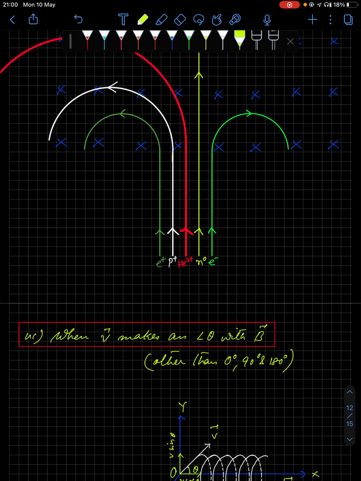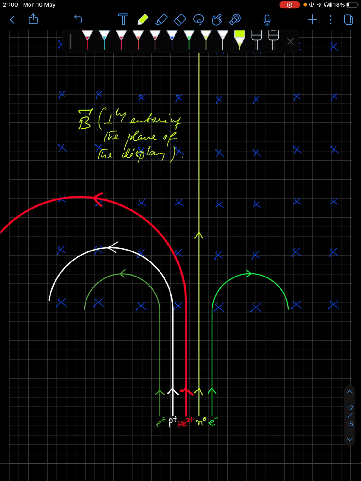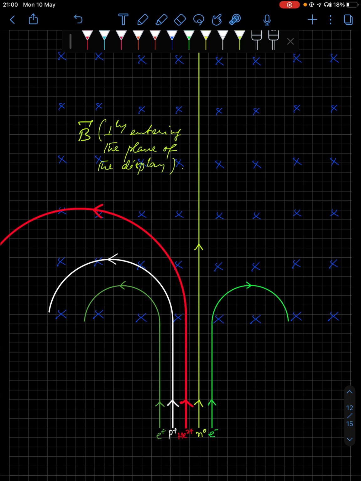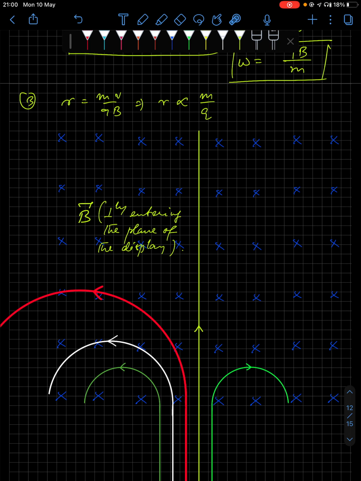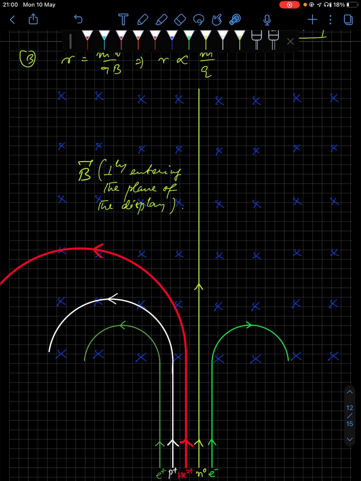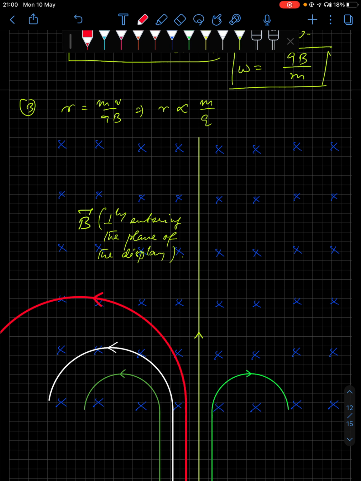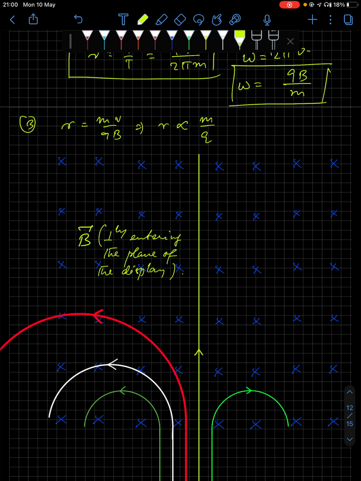In that case, let's consider 5 particles: positron, electron, proton, neutron, alpha. Alpha is helium 2 plus, right? So in accordance with this relation, r proportional to m by q, let me work this out here.